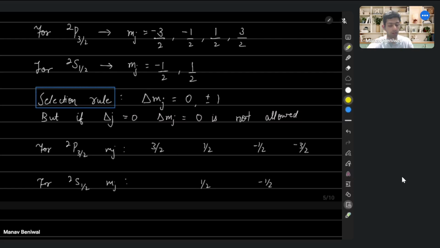Now let's draw transitions. When mj is 3/2, can it go to 1/2? What is the delta here? Delta mj, which is 3/2 minus 1/2, is 1. So this transition is possible.